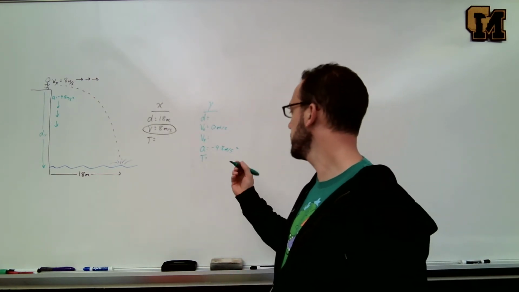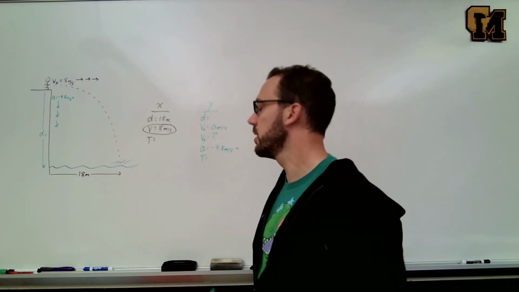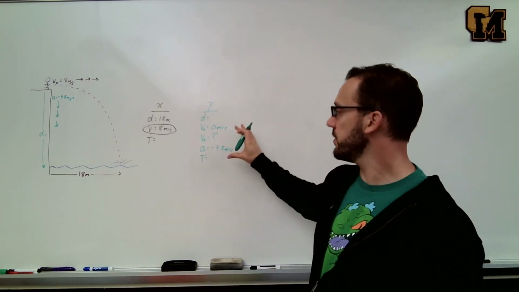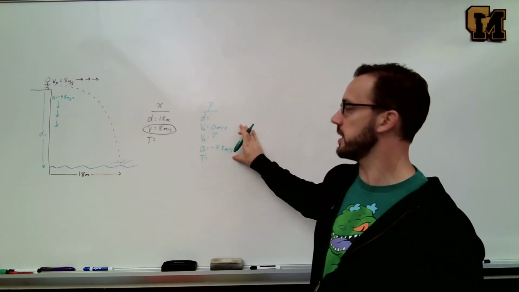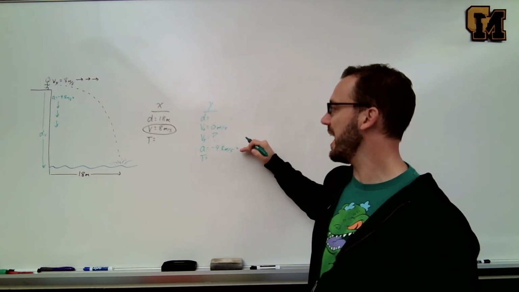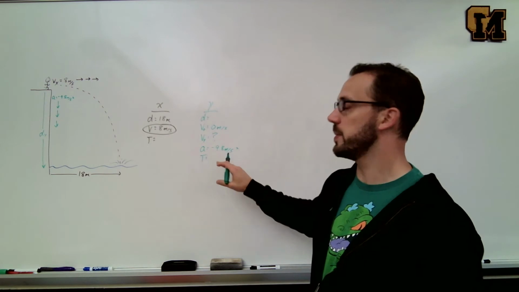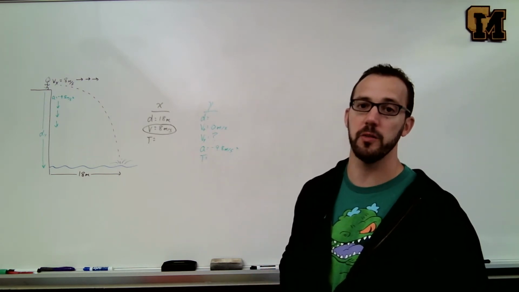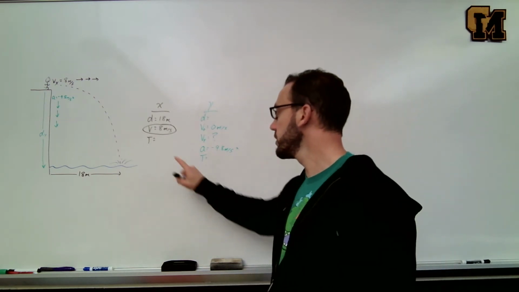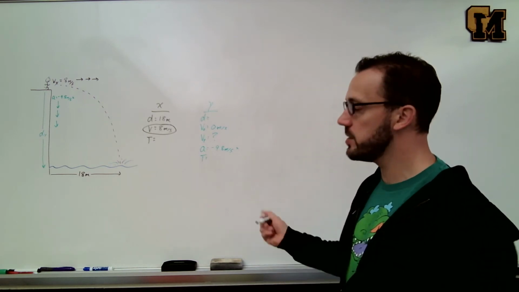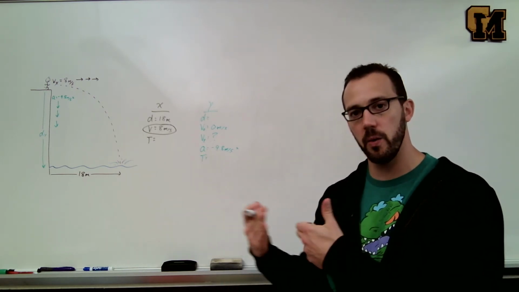In the Y direction, we are looking for final velocity. We don't have enough information yet to solve for final velocity here because we only have V naught and A, but if we had time, which we can solve for in the X direction, we would be able to get the last piece that we're looking for in this problem. So solving for time in the X direction is pretty easy because it's a constant velocity thing going left and right.